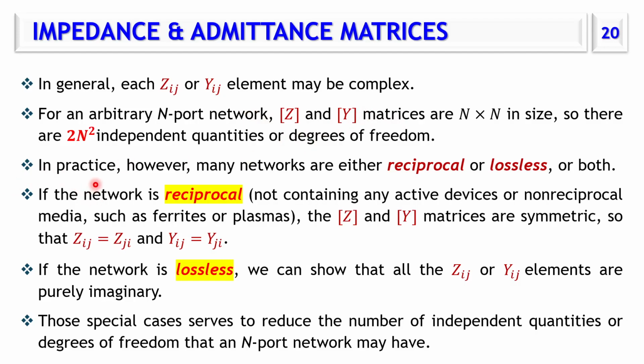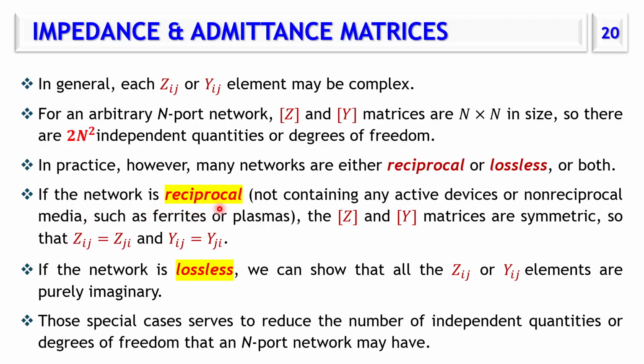But in practice, there are some conditions that make the degrees of freedom smaller, for example reciprocity and lossless. If the network is reciprocal, the off-diagonal elements are identical, so almost half the elements depend on the other half, and the total number of unknowns drops by almost 50%.